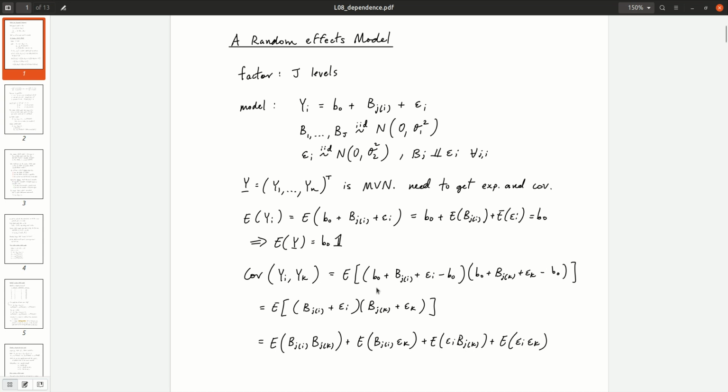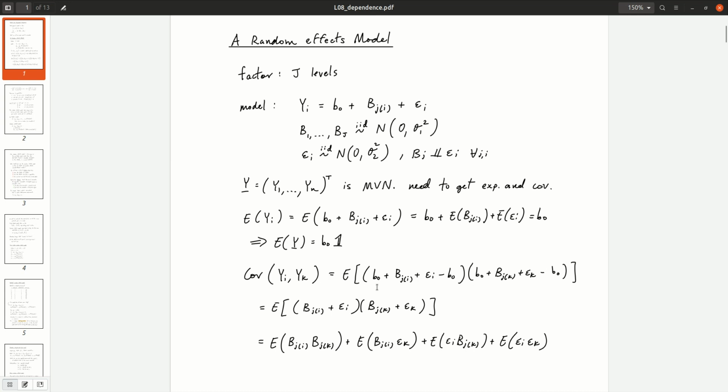So y sub i is b0 plus b sub j of i plus epsilon i. Its expected value we just calculated is b sub 0. So this is y i minus its expected value. And this here is y k, b sub 0 plus b sub j of k plus epsilon k, minus its expected value, b sub 0.